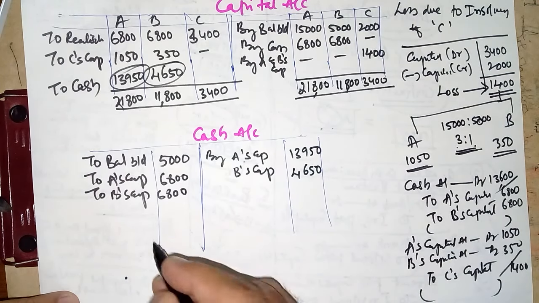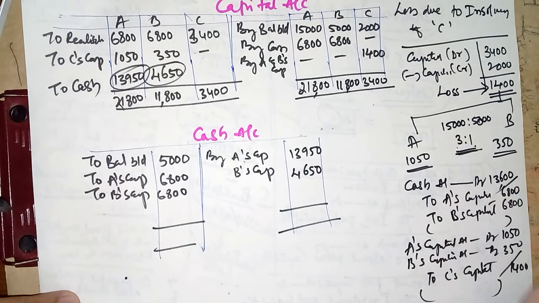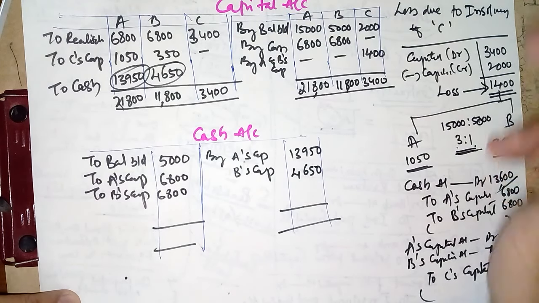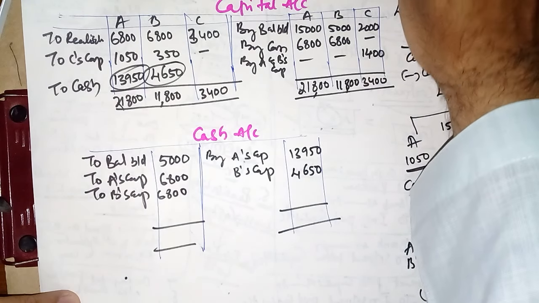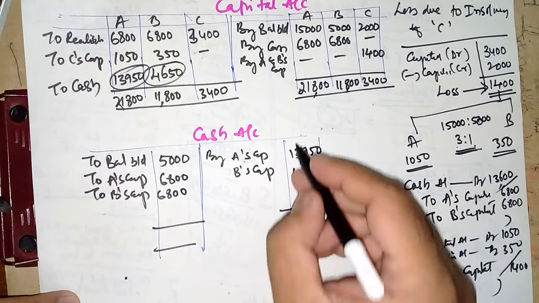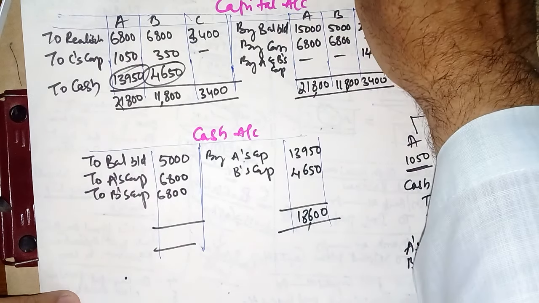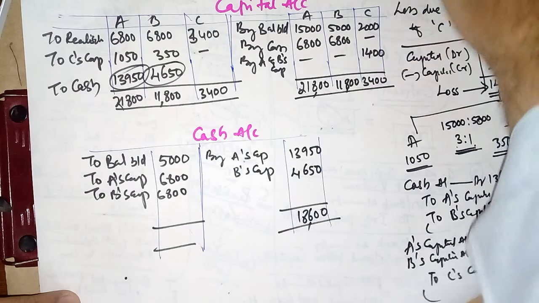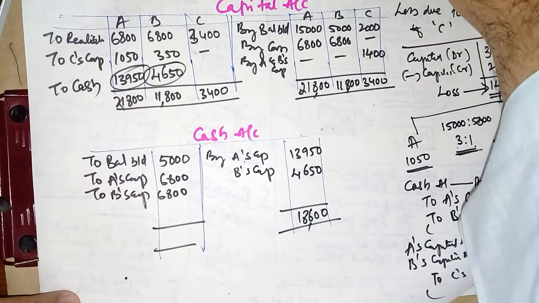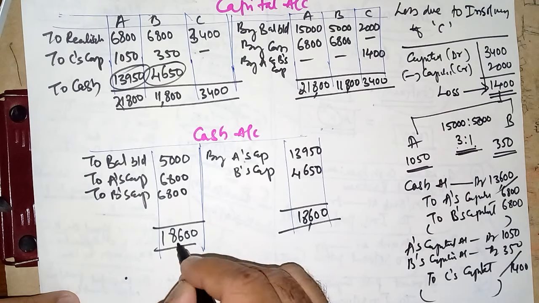Once this is done, bear in mind our cash account should tally, otherwise we will be wrong. So when you make the summation, it comes to 18,600, and the debit side, even 5,000, 6,800, 6,800 comes to 18,600.